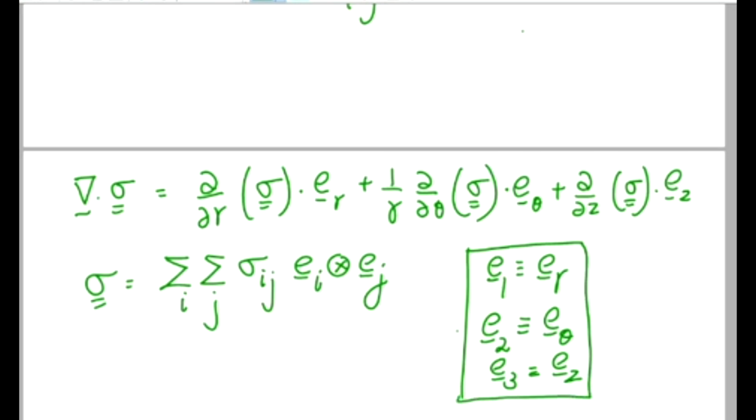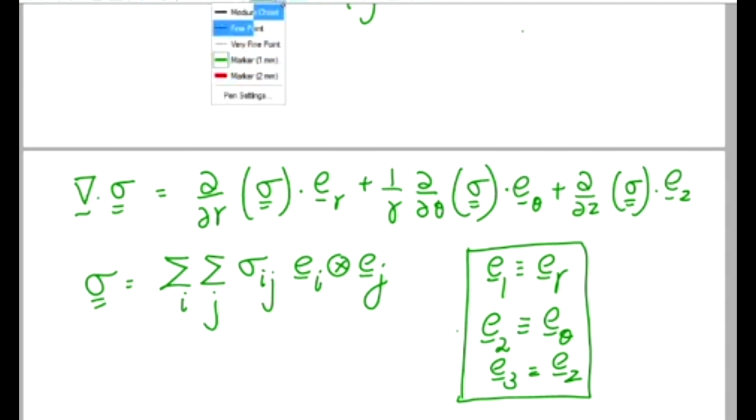Okay, and then when you take the derivative with respect to r, theta and z, you have to remember that the basis vectors here, E1, E2, E3, which are along Er, E theta, Ez, are also changing when you change your theta coordinate, right?